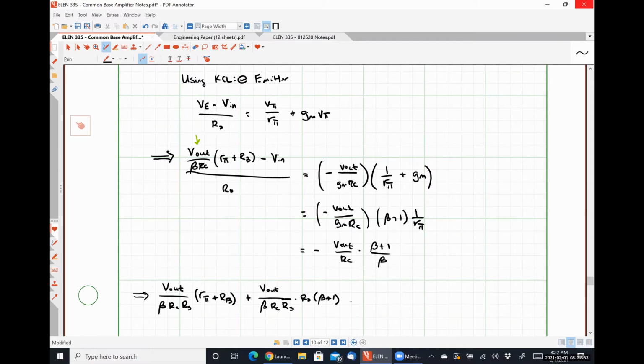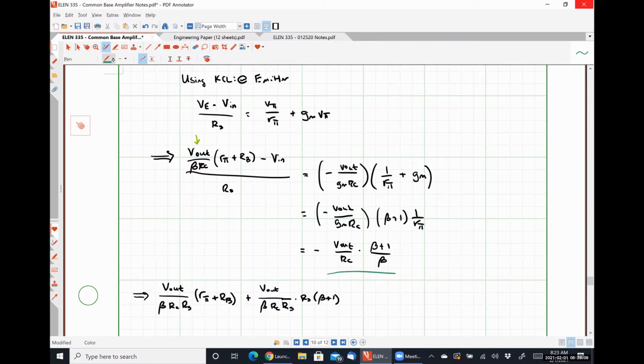So that's me moving this term from the right-hand side of the equal sign to the left-hand side of the equal sign and multiplying by a factor of RS over RS.